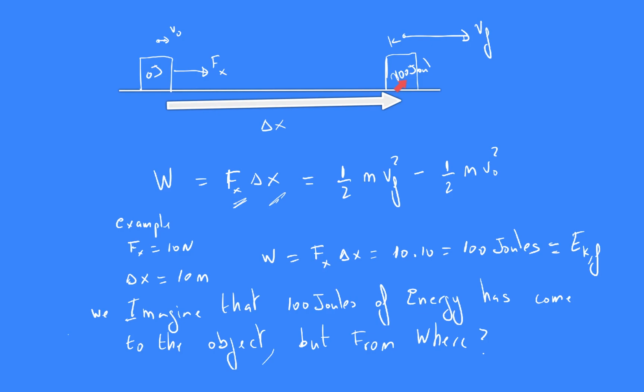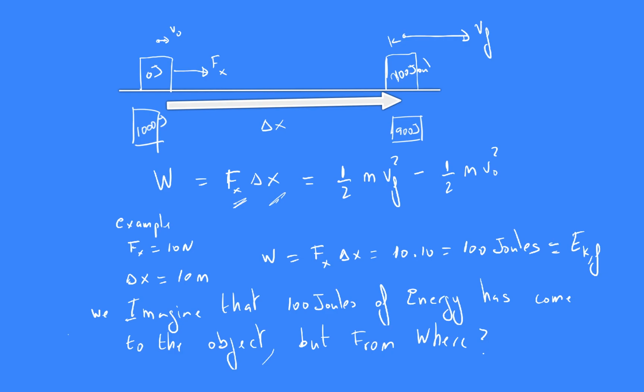The answer is that the 100 joules came from the energy that was stored in your body, in your cells. When you were here, your potential energy maybe was 1000 joules. When you arrive here, your potential energy is 900 joules because you lost 100 joules.